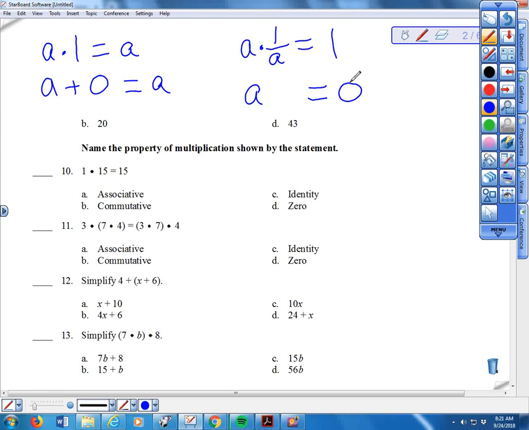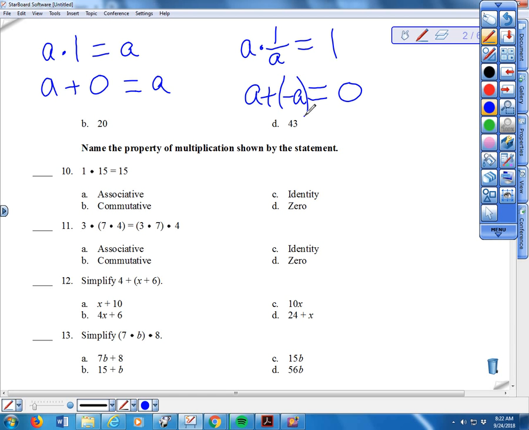What number do I need? Subtract. Yep, so I'm adding negative A. So the inverse property is really how you undo multiplication or how you undo addition.